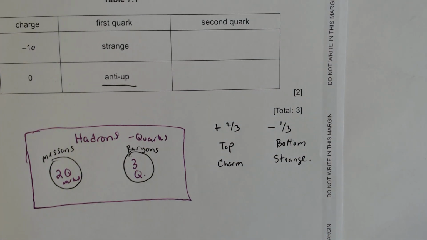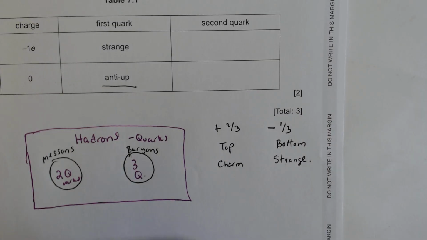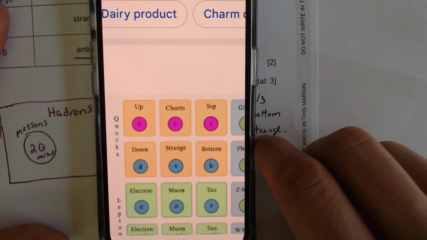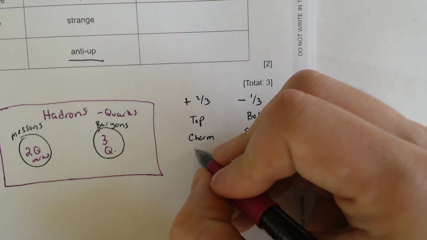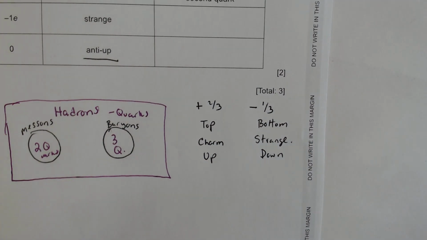I'm going to have to look it up right now. I apologize, friends. Google, quarks. I never memorize them because the quarks are always something very easy to understand. It's up, down, charm, top, and bottom and strange. If you see it, you know. Holy moly, I can't believe I forgot up and down.